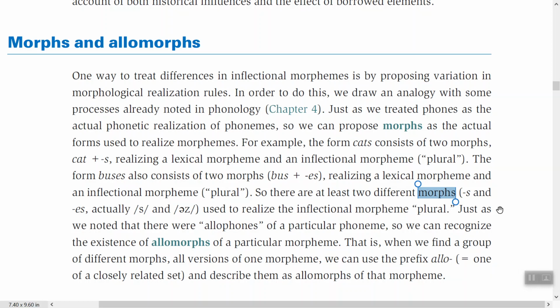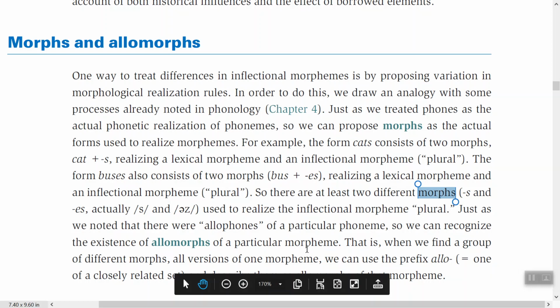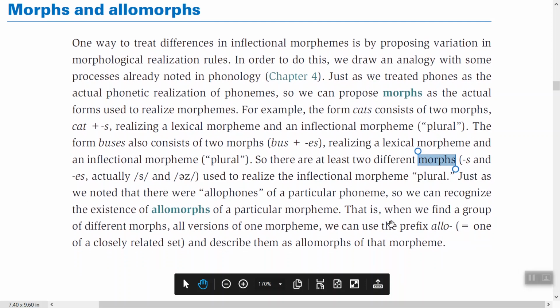The same thing, just as we noted that there were allophones of a particular phoneme, so we can recognize the existence of allomorphs of a particular morpheme. The same, only change phoneme to morpheme.